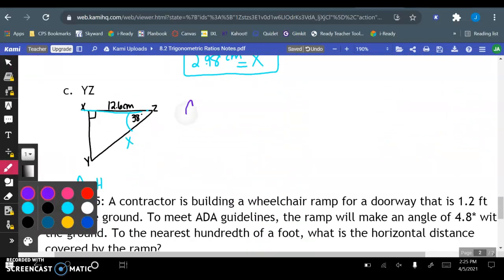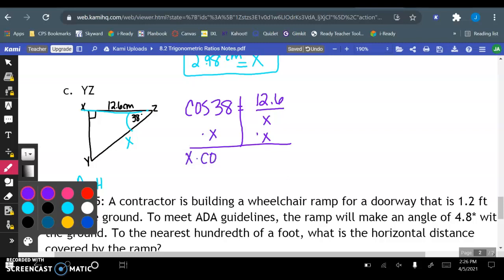So the cosine of 38 is going to be adjacent over hypotenuse. So adjacent would be the 12.6, and the hypotenuse we don't know right now. So I'm going to have to multiply by x, and then I'm going to have to divide by the cosine of 38.